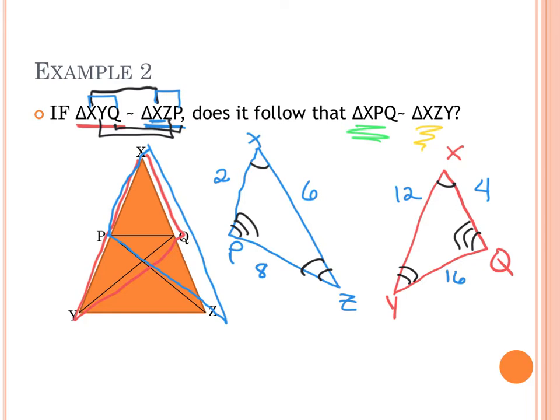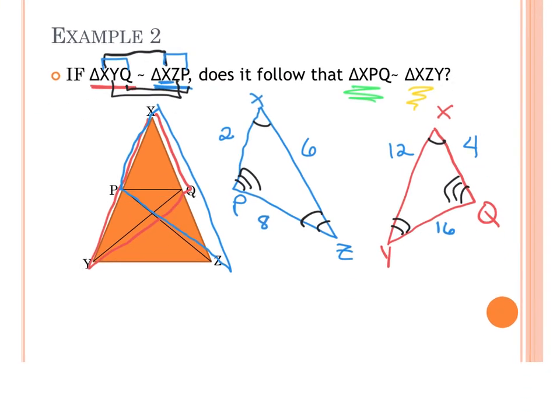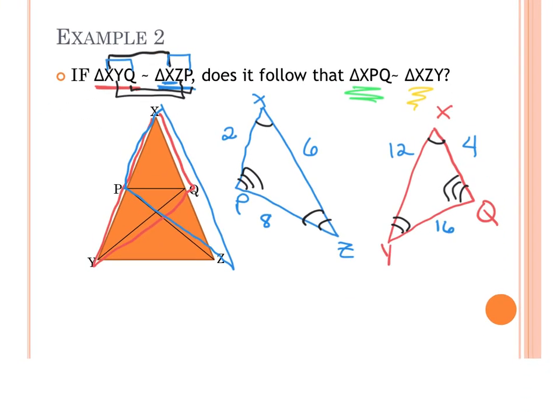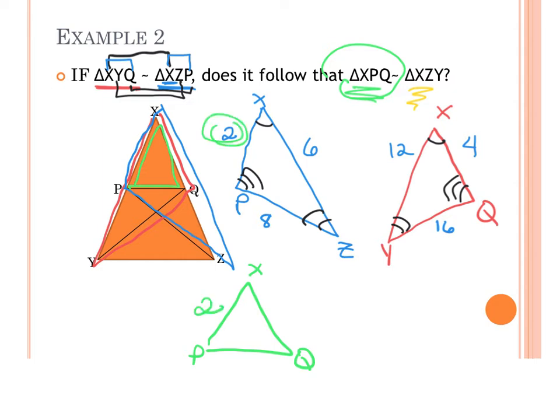This is going to help me now, and I'm going to redraw these two in green and yellow. So XPQ is this little one in the top. I can add in the sides. So XP is right here. So it's 2. And XQ is over here. It's 4.